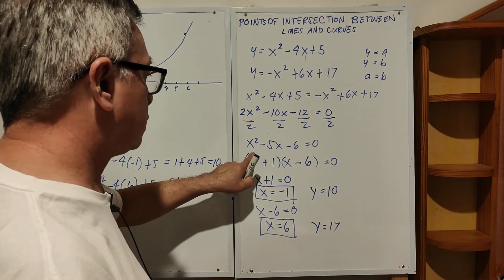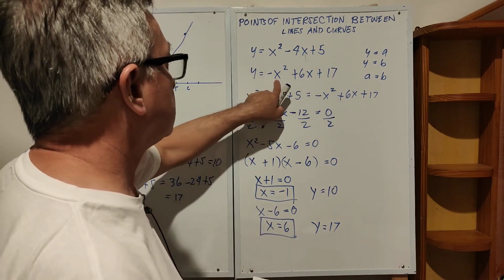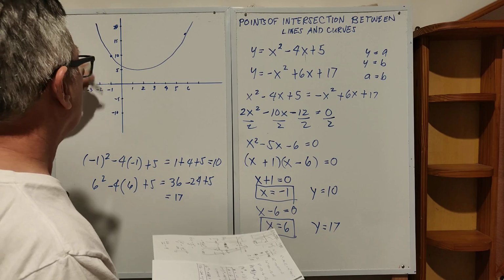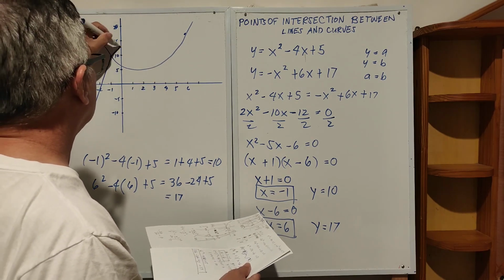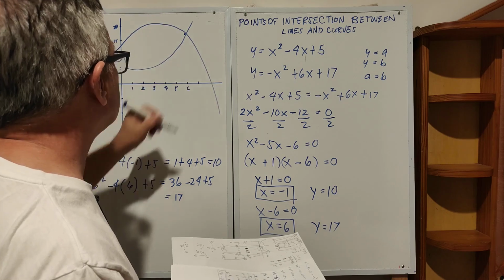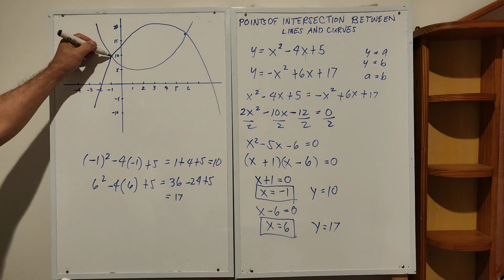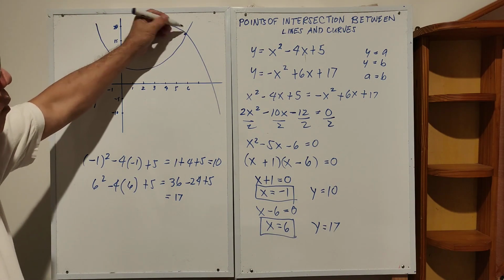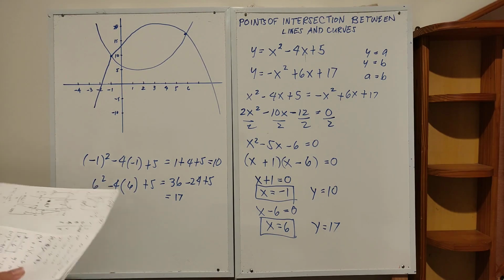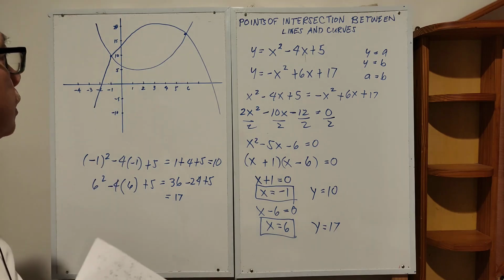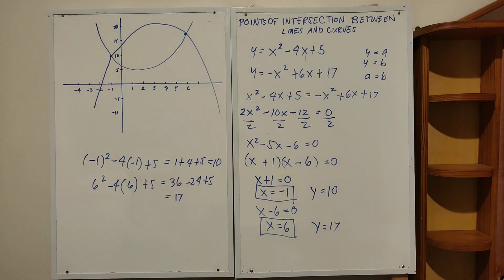The other one, negative x squared, will be a downward parabola. It will be like this. So they will be intersecting at this point, which will be an important part in integration, if you want to get the points of intersection.